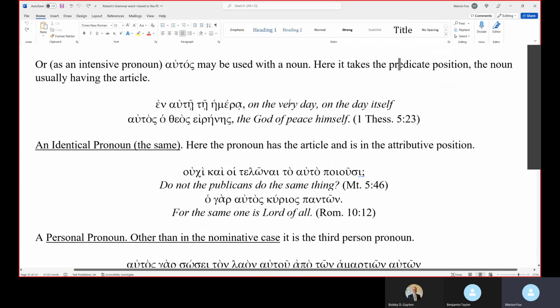So now watch where it's located. Here, it's before the noun, and before the noun here, with no article. And here's your noun, tax collectors, and it has the article and it's following the noun. See the location of it? Right here then, it has the article, ho autos kurios, and it's preceding the noun.